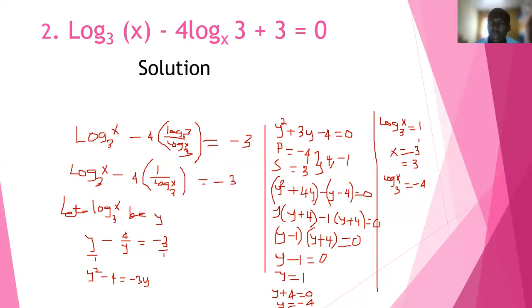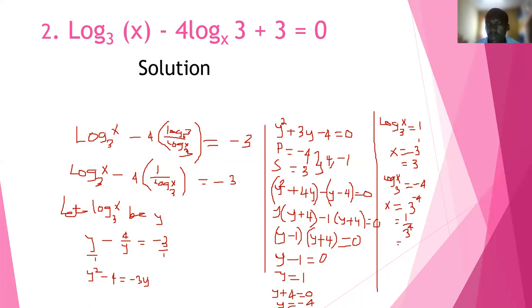So this one also comes this side, so we'll have x is equivalent to 3 raised to power -4, which can be written as 1 over 3 raised to power 4.